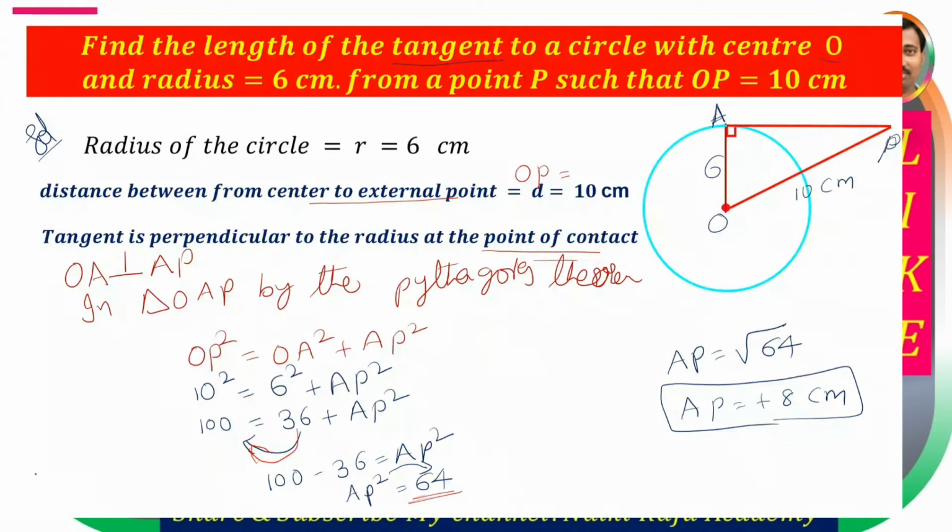AP is equal to root of 64, so plus or minus 8 centimeters, but length is always positive. So AP, the length of the tangent, is equal to 8 centimeters.